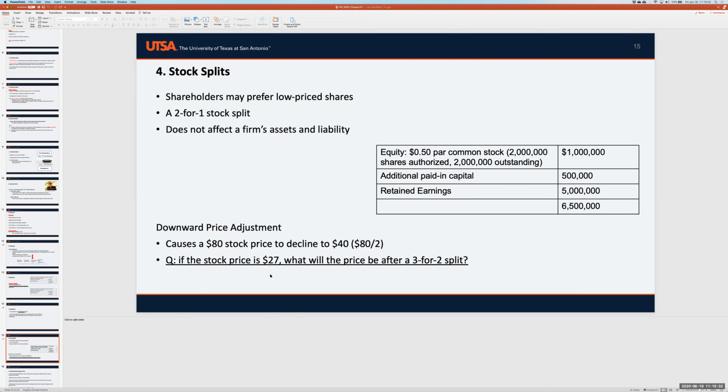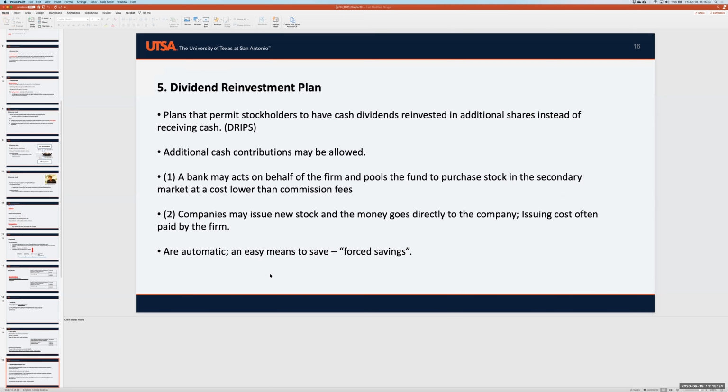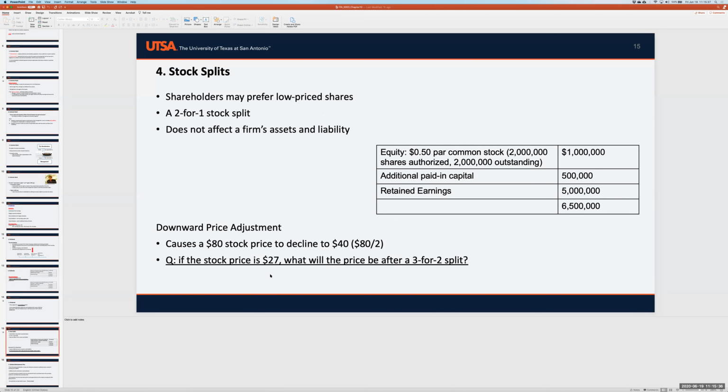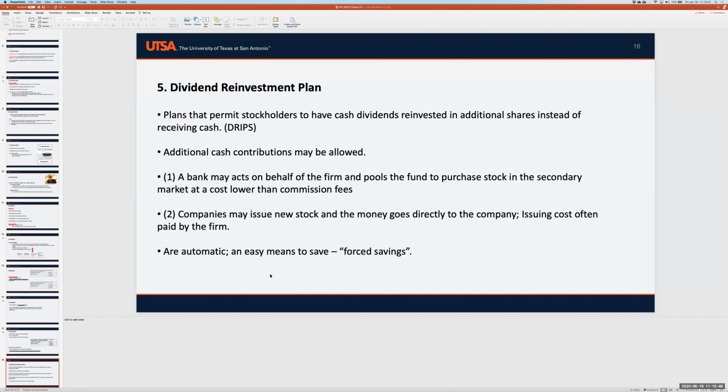Let's say the stock price is 27, what will the price be after a 3-for-1 split? I solved this question in other recordings, so I skipped it. And dividend reinvestment plans permit stockholders to have cash dividends reinvested in additional shares instead of receiving cash.